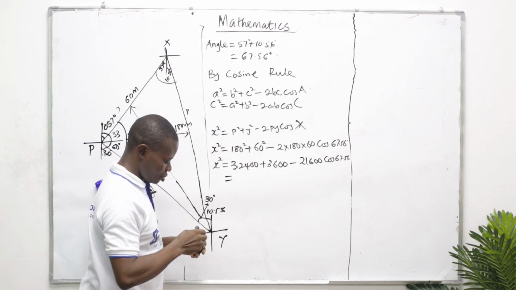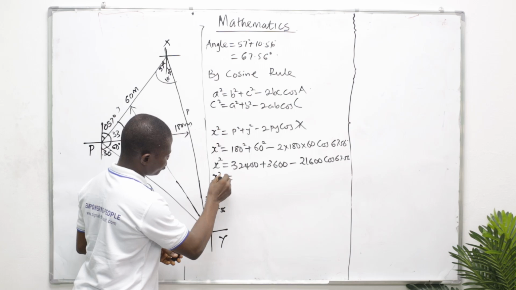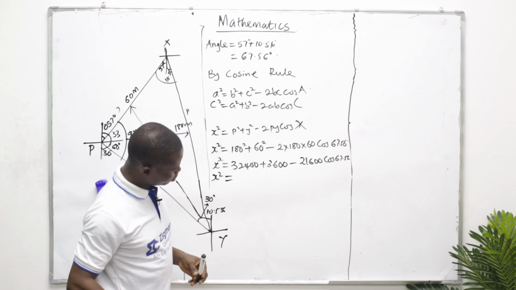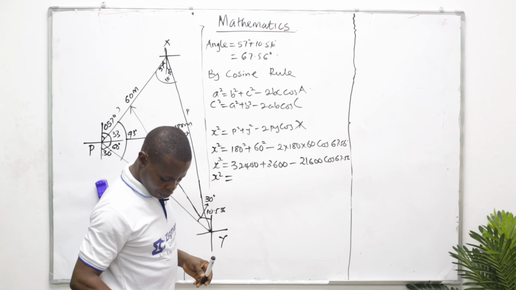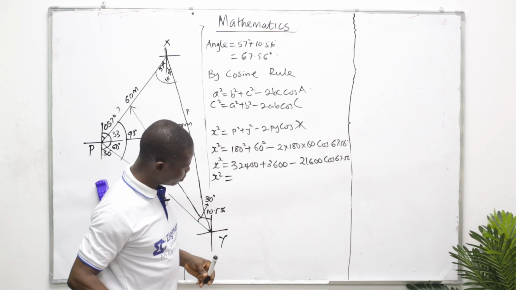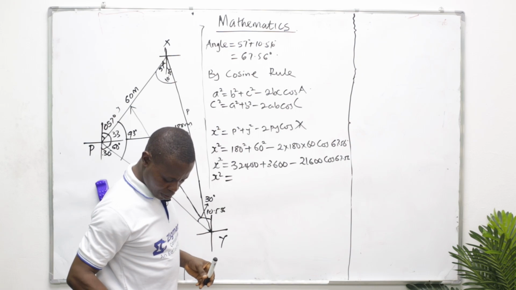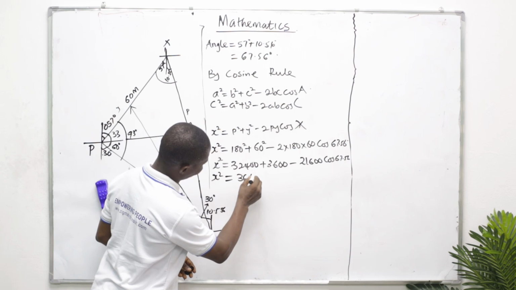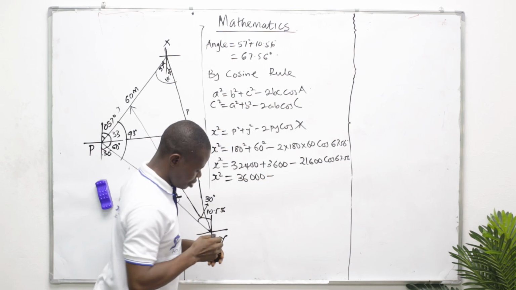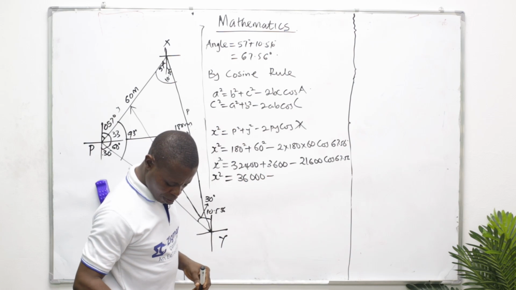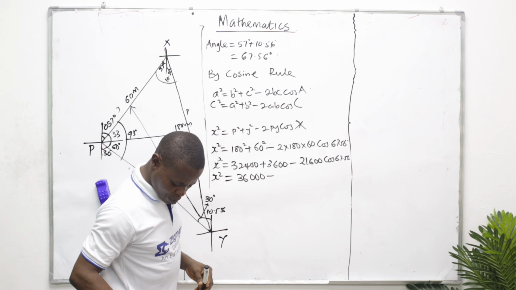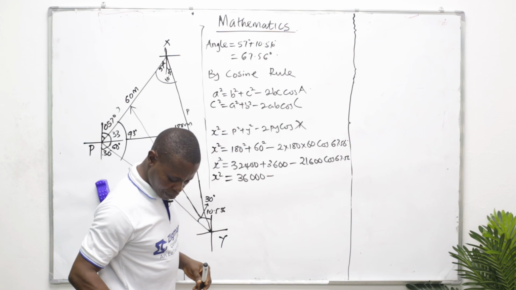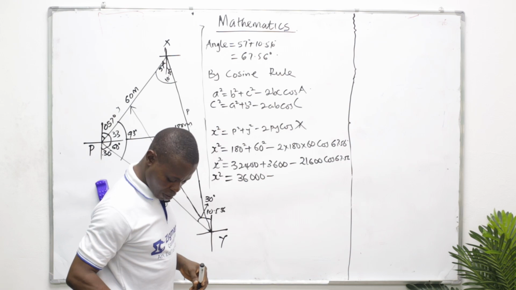This will give us s squared equals 32400 plus 3600, that is 36,000, minus cos 67.56 degrees multiplied by 2,1600.